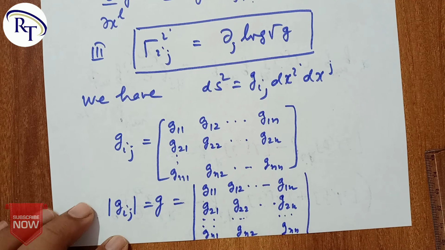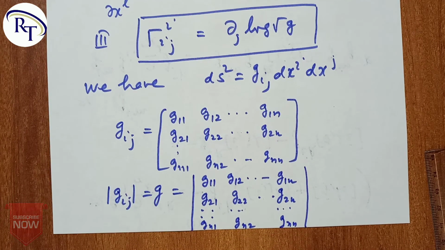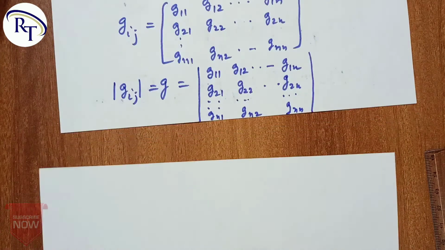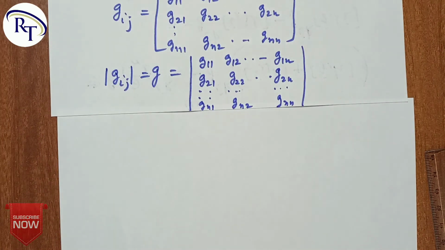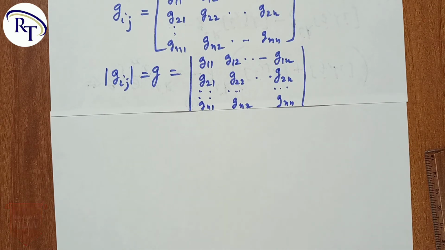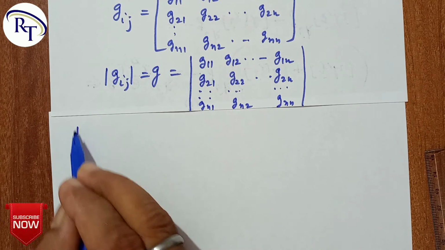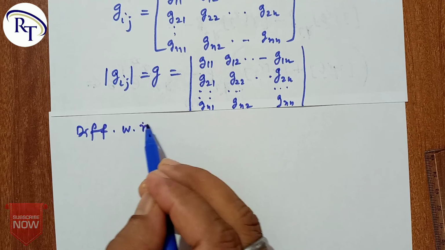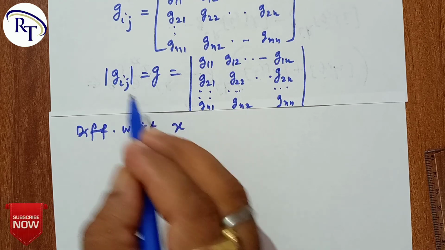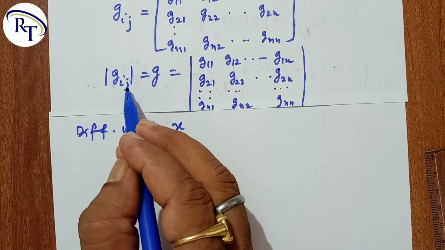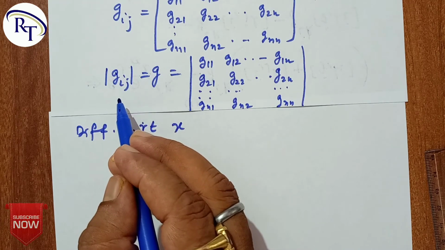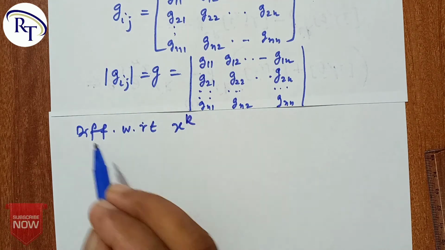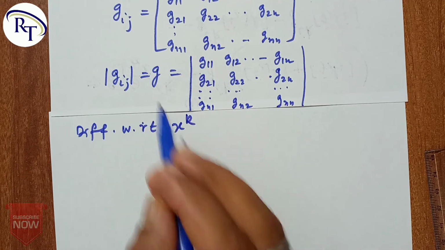Now differentiating partially with respect to x^k, since I have taken i and j here, so another index x^k.